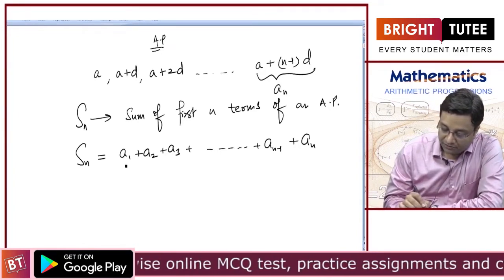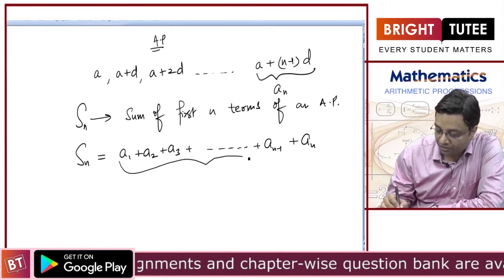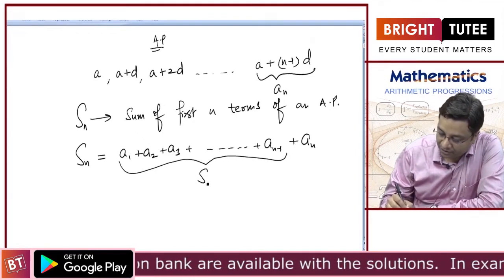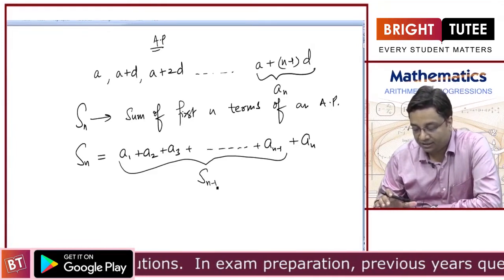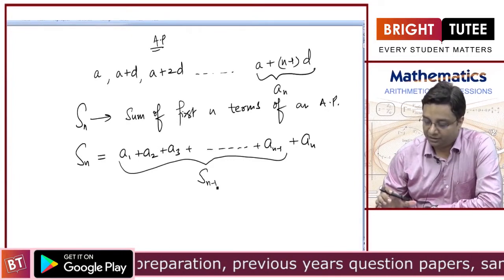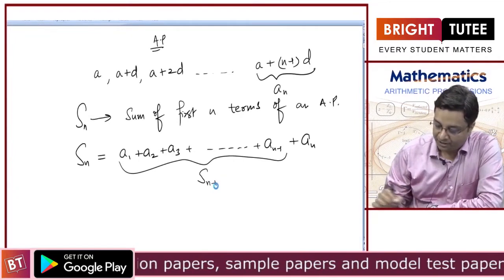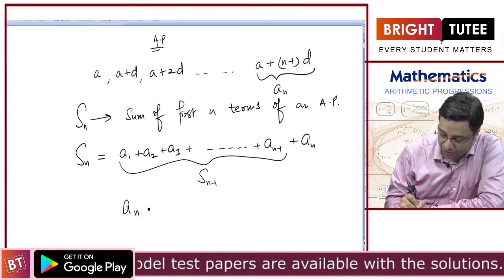If you notice, if this is the sum of n terms of an AP, what will this sum be equal to? This sum will be equal to S(n minus 1), right? It is pretty obvious that this is the sum of n minus 1 terms of an AP. So now if I see, an will be equal to what?